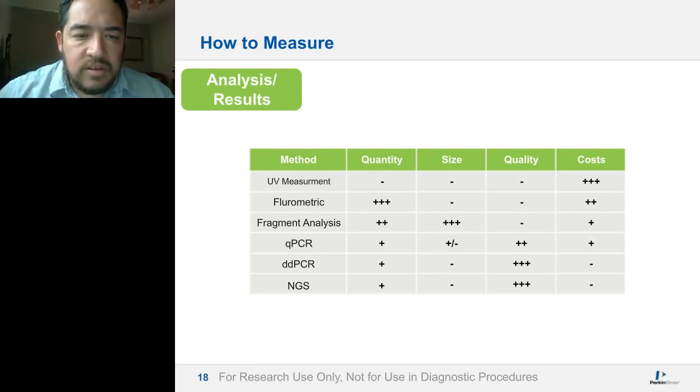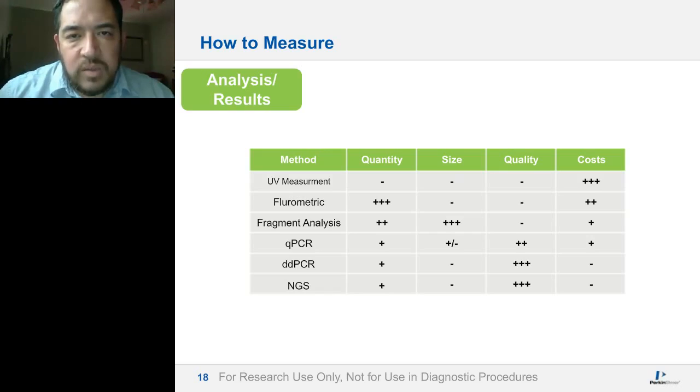Circulating cell-free DNA is definitely more challenging to quantify without any sort of advanced analysis, because what works well for genomic DNA from tissue, blood, saliva, and so on, using simple UV measurements such as a NanoDrop, works fairly well in terms of giving a good approximation of yield as well as purity. Fluorometric methods that analyze, for example, double-stranded DNA, or can also specifically analyze single-stranded RNA, are also very effective for those sample types.